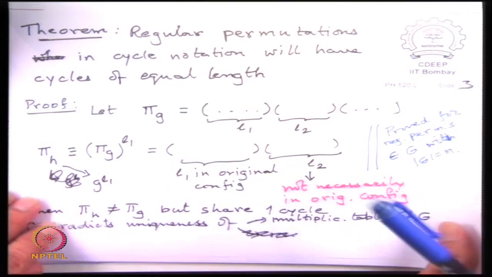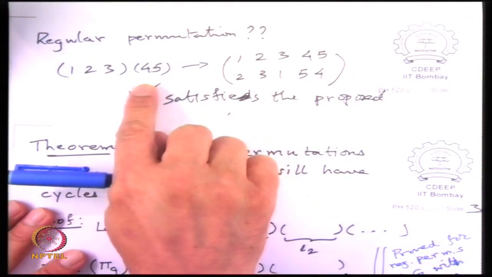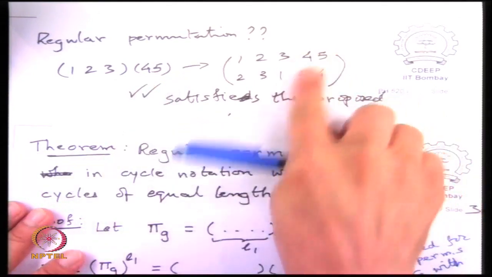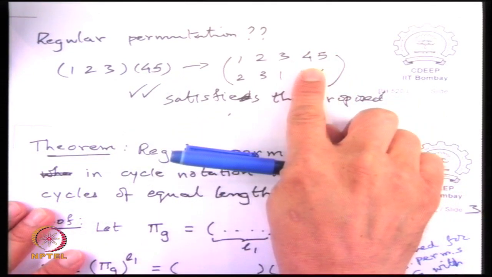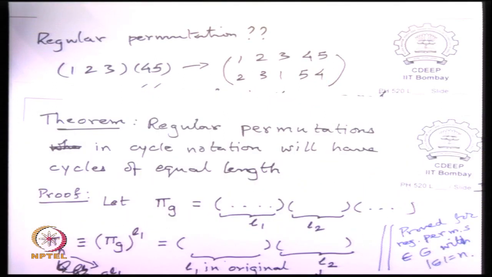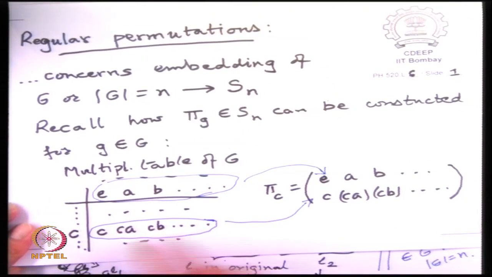So if I took this and just squared it, I do this and then I do it once again, these two will come back to themselves, but this 1, 2, 3 cycle will not have completed. So it will amount to having 2 distinct elements in this table whose 2 of the elements remain same while the other 3 are not same.